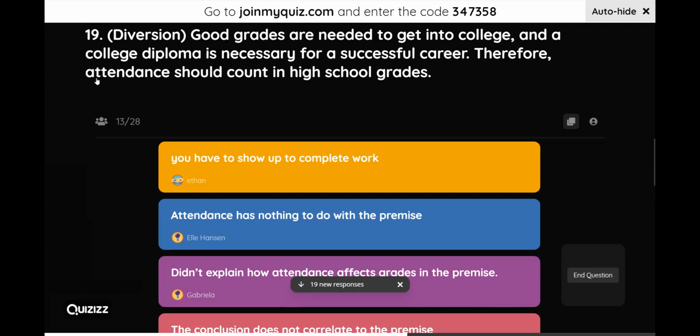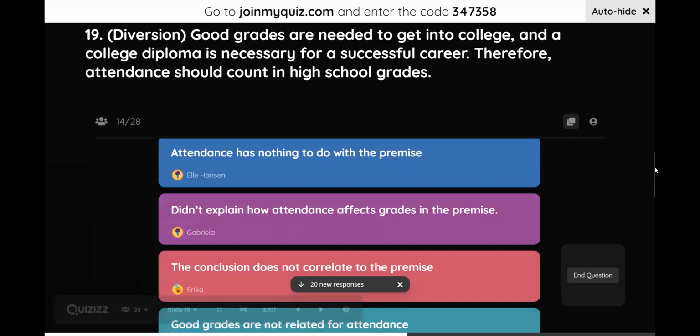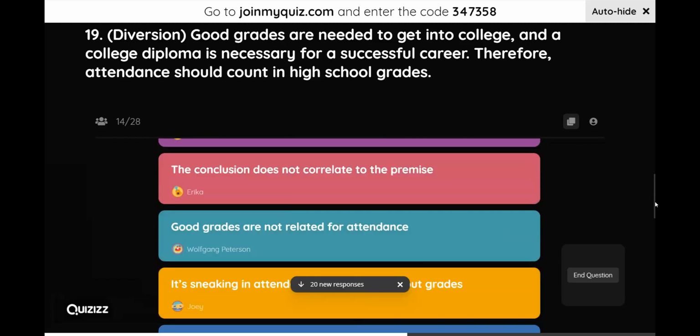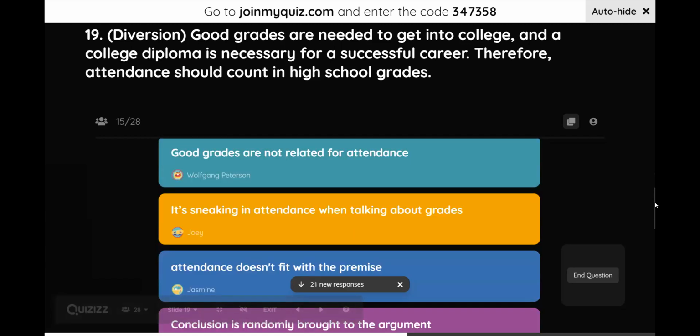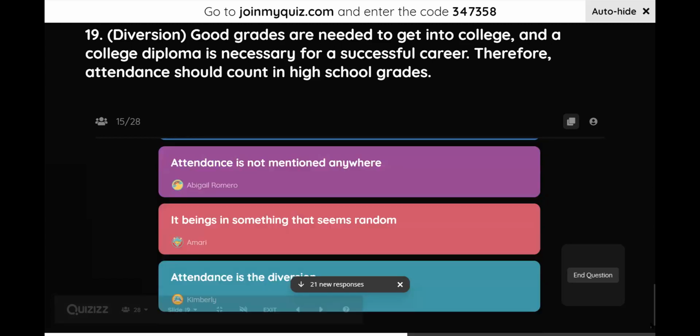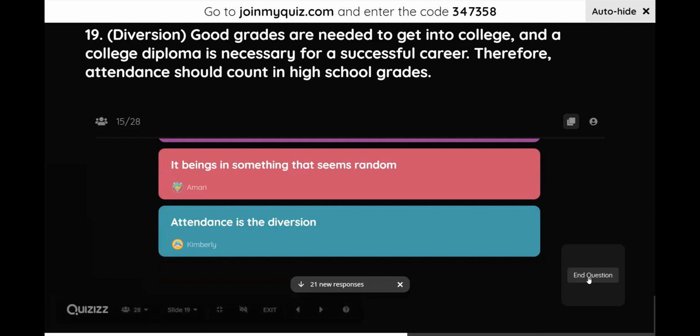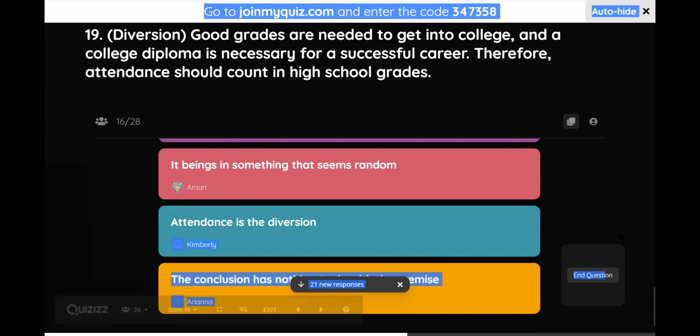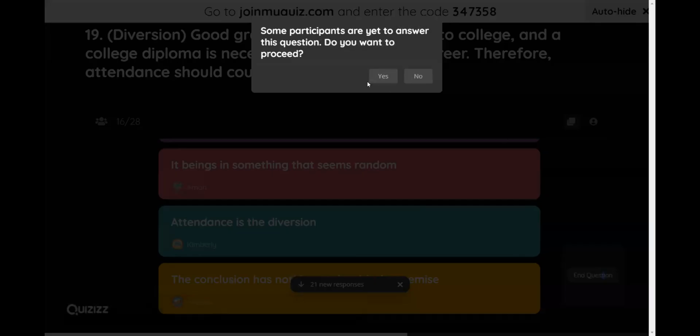Then kind of out of nowhere, they throw in this other factor that we didn't talk about, and say, well, therefore you should have attended. They're just pulling in attendance. The premise and the conclusion don't really have to deal with each other. Something along those lines. I think we pretty much got it.